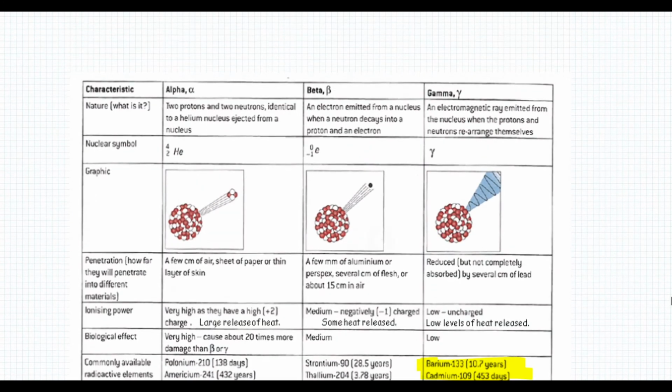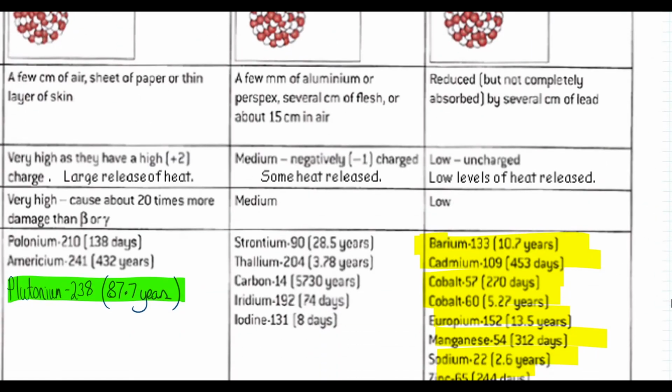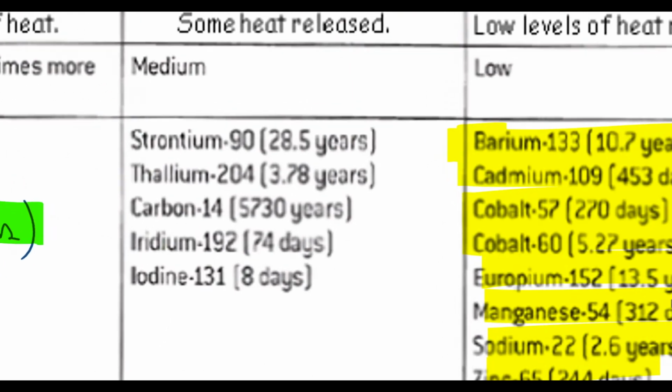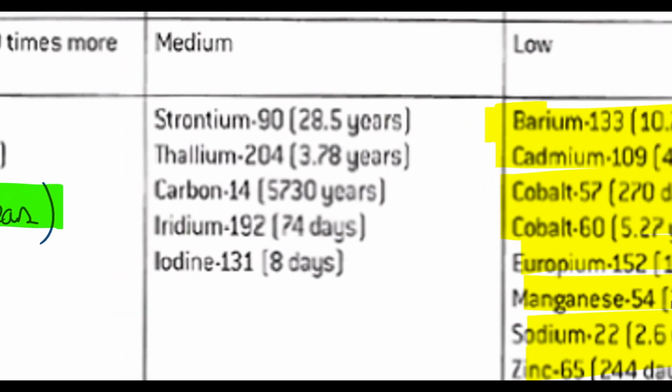Here's a table. Here's beta. If we go down that column, you choose something with a long half-life. Obviously, you'd want to know more about how much they cost and how easily they're sourced, but perhaps something like strontium with a half-life of 28.5 years would be an appropriate choice.